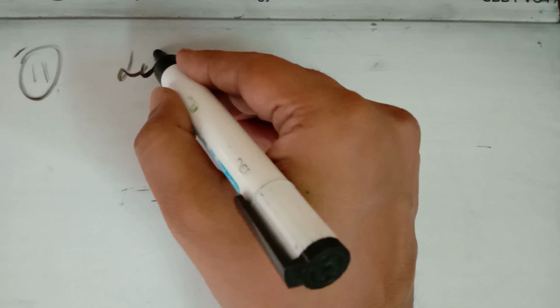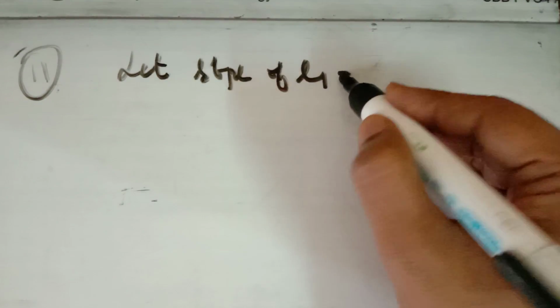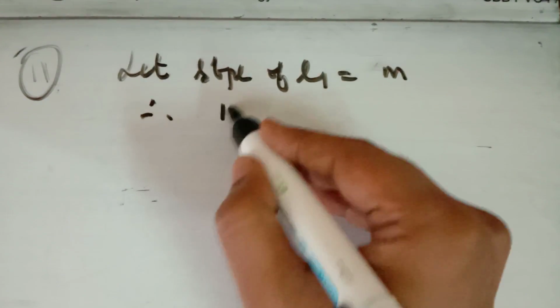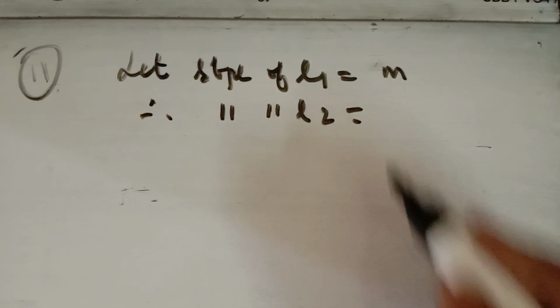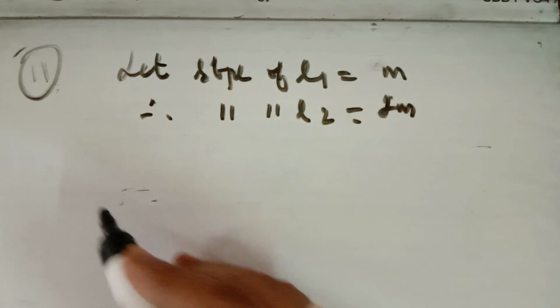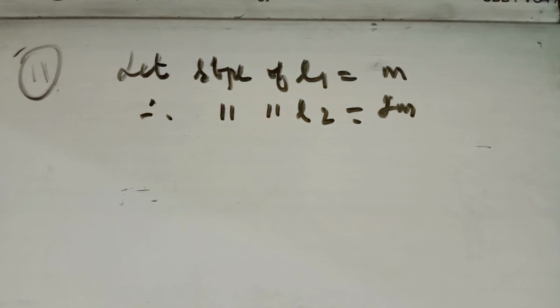Now in question number 11, it says that the slope of one line is double the slope of the other line, and the tangent of the angle between them is 1 upon 3. You have to find the slopes of the lines. So let the slope of one of the lines L1 be m1 equal to m, therefore the slope of the other line will be 2m, and let us call it m2.